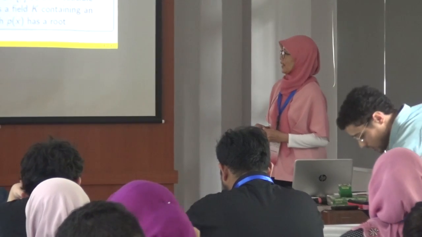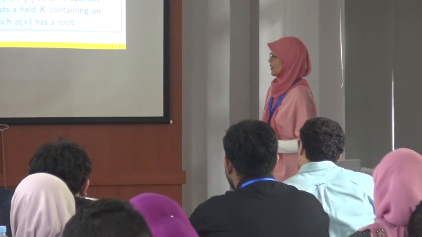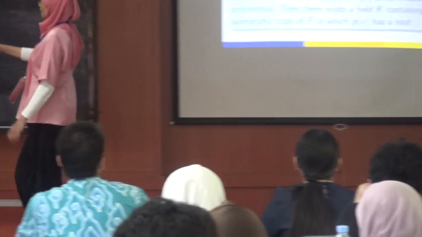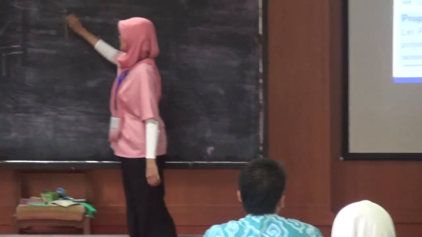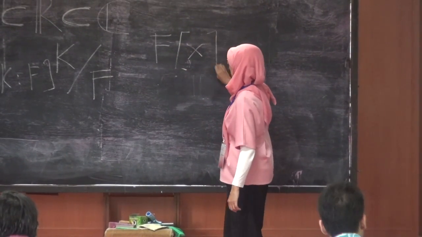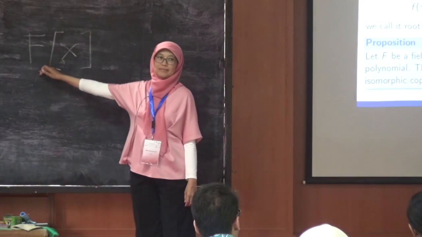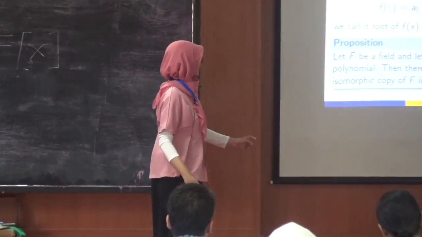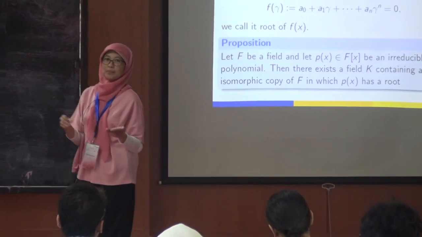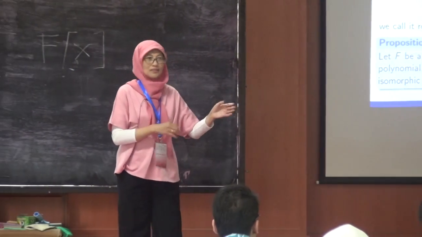If we have a ring in general, or in this case a field, we can construct a polynomial ring. So from this field F, we get F[x]. This is the set of polynomials over F, denoted for example by a0 plus a1x plus a2x squared and so on.